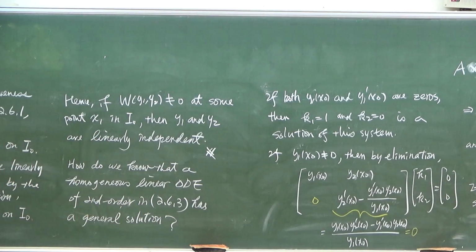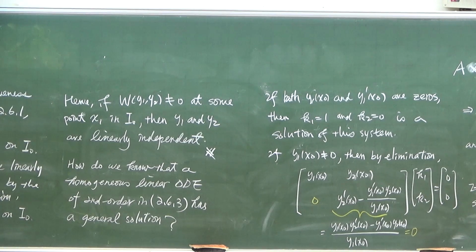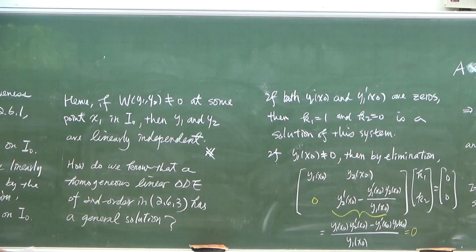In the previous sections, we usually said, okay, this is the general solution, so we tried our best to find a general solution. But how do we know this is always true for any homogeneous linear ODE of second order?